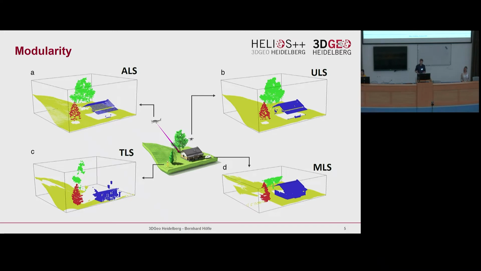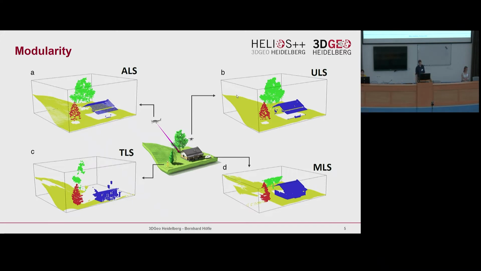And this computer simulation with Helios++ has a cool strength because it's modular. Once you have defined the scene and you have your annotated scene object, you can simply switch and change parameters.